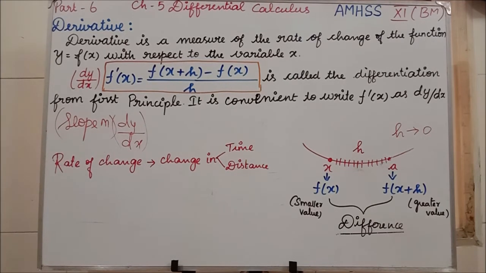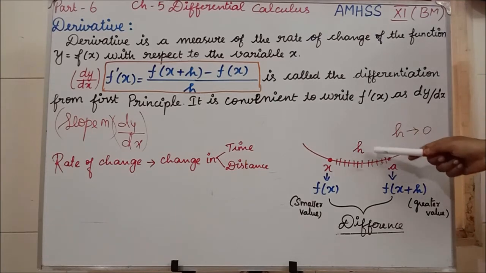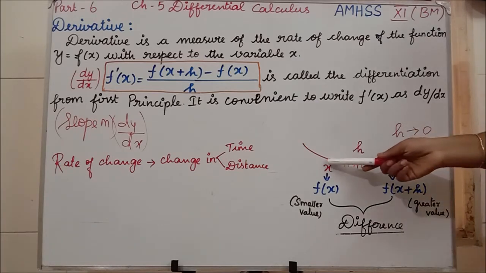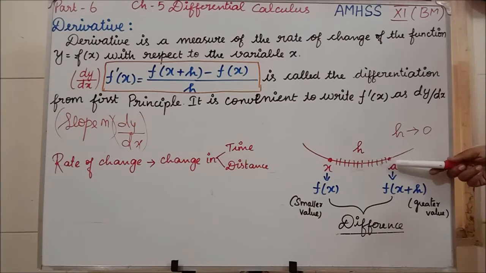See, now I have drawn one curve, isn't it? In that curve, I have taken the point x and a point a, and a small increment value I have taken, which is h. When x is approaching towards a, the h will move along with that. When at one point x fully attains a, by that time this h value tends to 0. Clear?